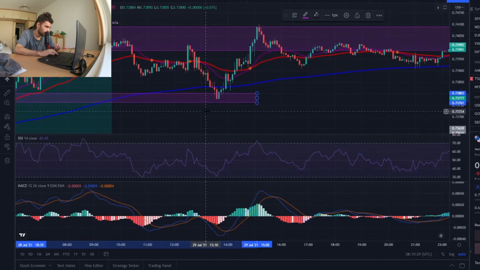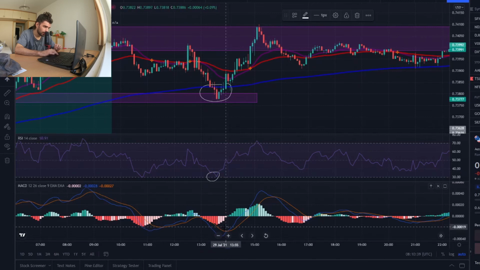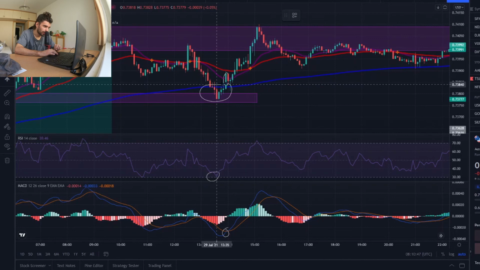And again, the RSI here was pretty low, which is something that we always want to look for. We came to the 200 EMA, and here we had the cross on the MACD and this very momentum shifting candlestick.